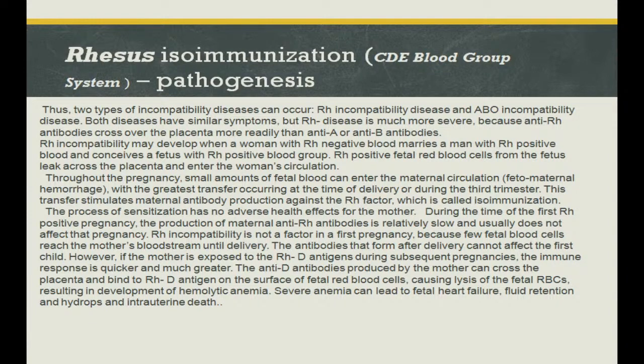Even during pregnancy a small amount of fetal blood can enter the maternal circulation, but most of it enters closer to labor, normally during the labor process: first, second and third stage of labor.